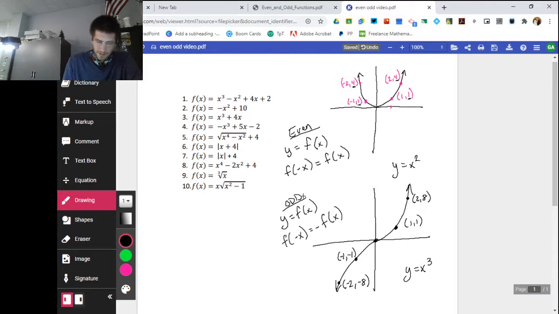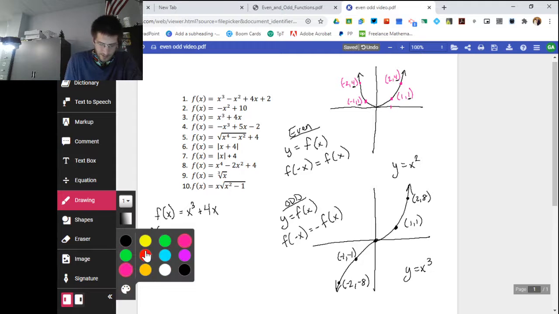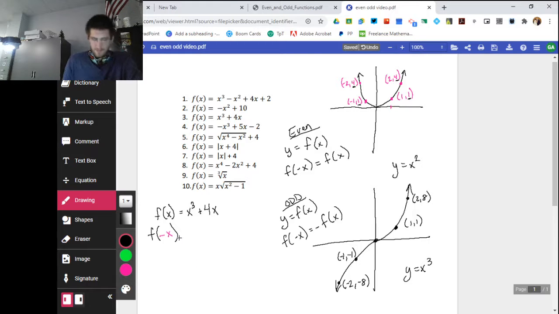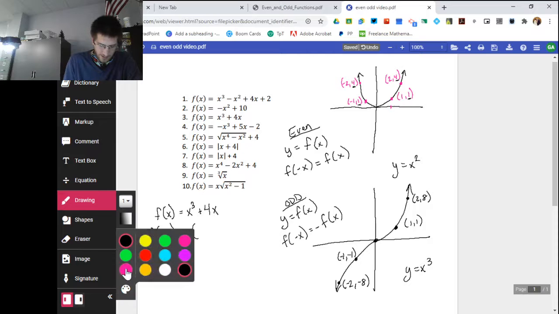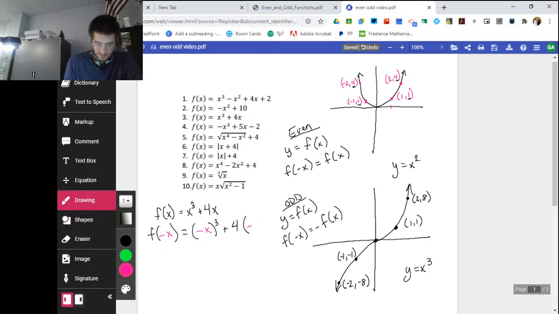So if we look at the examples, let's look at number 3 first, because 3 is an easy one. So if our function is x to the third plus 4x, the first thing I want to do is say, okay, if I input this negative x in for x, so I change all of the x's to negative x, then I get negative x to the third plus 4 times, and instead of x again, I put negative x.